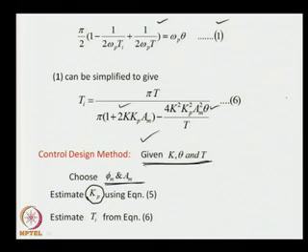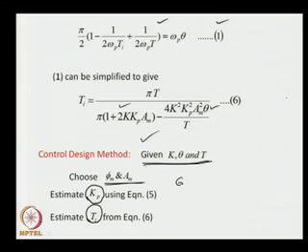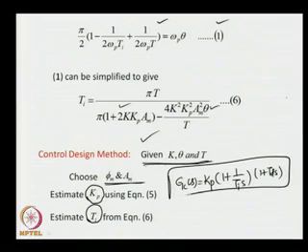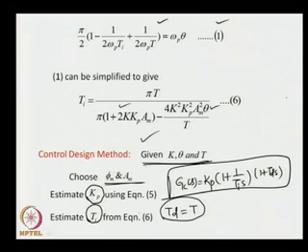Similarly, equation 6 can be used for estimating the integral time constant of the series PID controller. Thus, the parameters of the series PID controller K p, T I and TD are estimated using the gain and phase margins. Now, TD is already known to us, which is nothing but equal to the time constant of the process model.